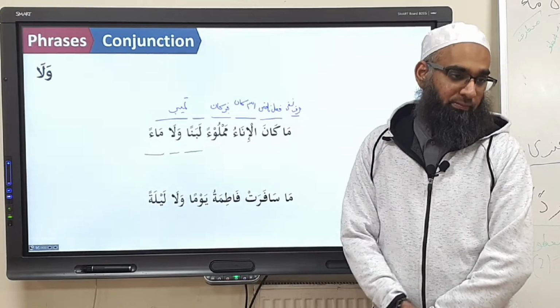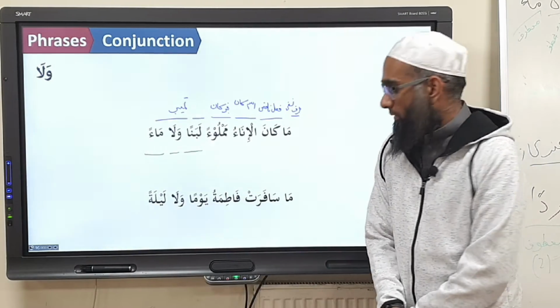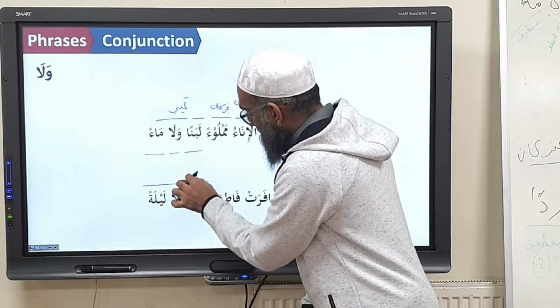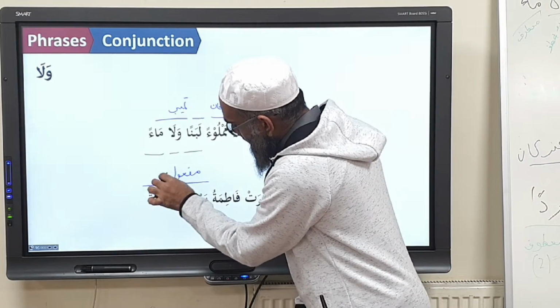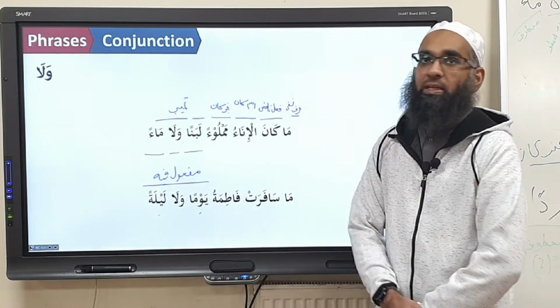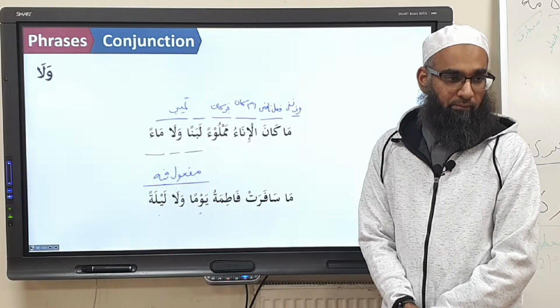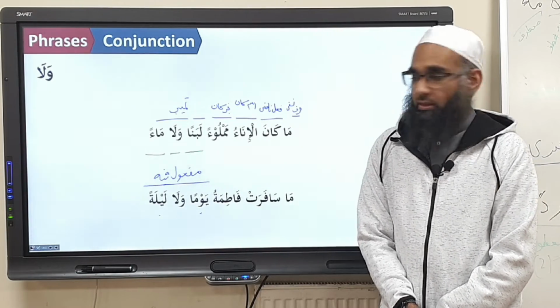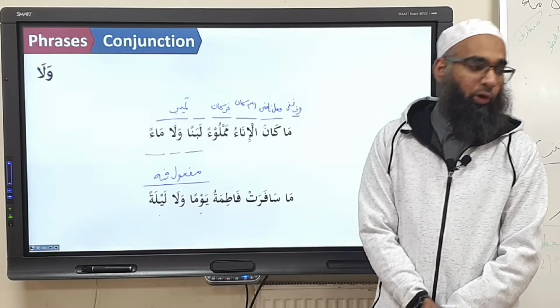Translation? Just translate it. Because we know this is the maf'ulun fi. So maf'ulun fi, and the maf'ulun fi is ma'tuf alayhi and ma'tuf. And the translation is going to be? Fatima did not travel in the day nor in the night.